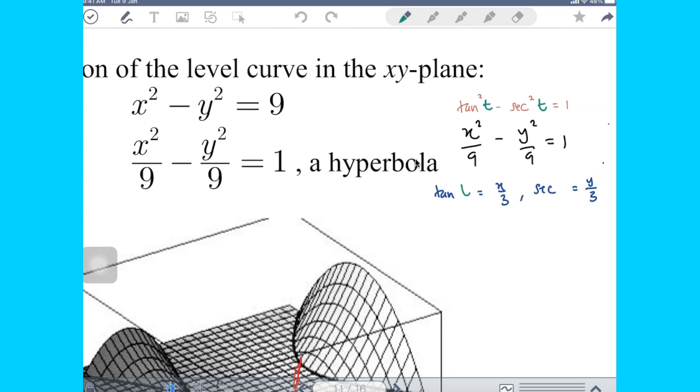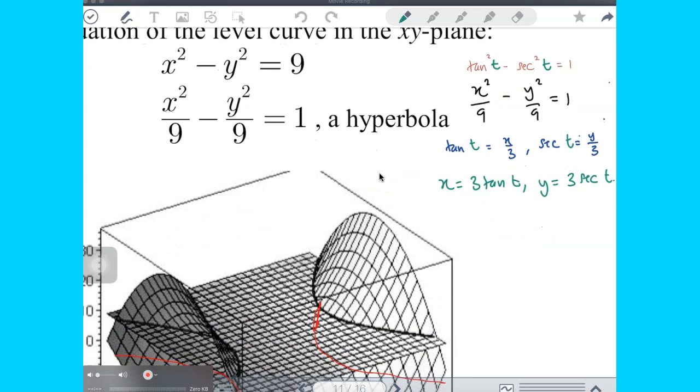So I have tangent t, secant t. So I can say that now x is equal to 3 tangent t, and y is equal to 3 secant t. So this is the parametric equation of the hyperbolic curve given.